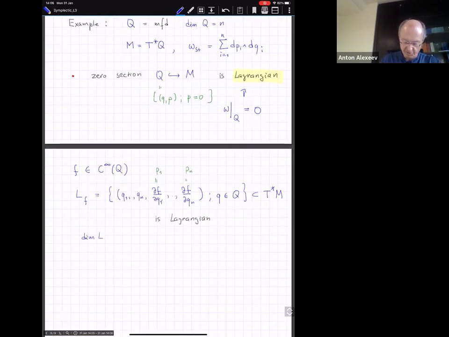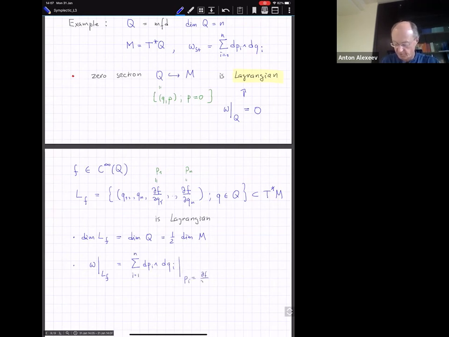The dimension of L_f is clearly equal to the dimension of Q, and this is 1/2 of the dimension of M. But also, when we restrict omega to L_f, what we should do is substitute, instead of the p's, those partial derivatives, right?